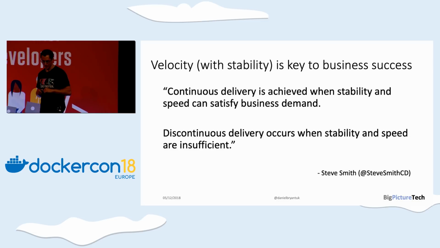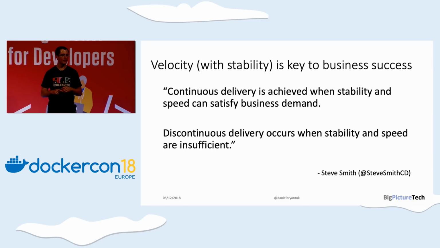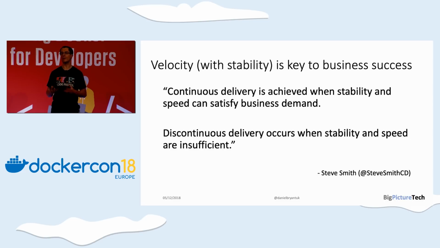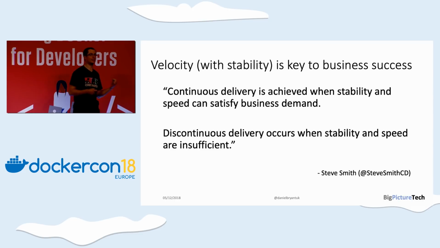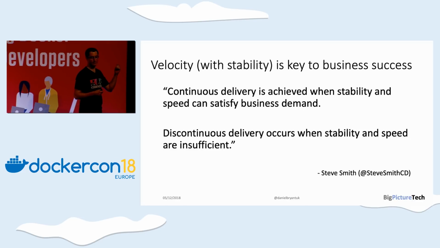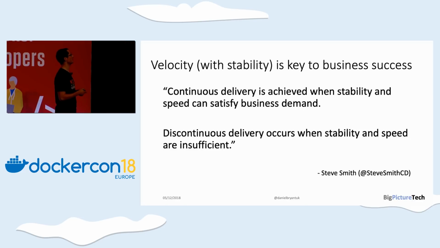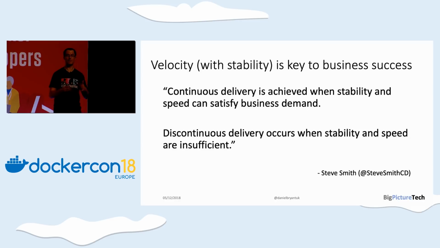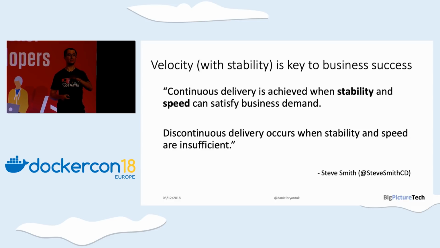My friend in London, fantastic author Steve Smith, had this great phrase that really resonated with me: continuous delivery is achieved when stability and speed can satisfy business demand. Discontinuous delivery occurs when stability and speed are insufficient for the business. What that basically says is your mileage may vary. I don't know your context, so for you, bash scripts might be fine to get stability and speed. They might not be. You might want to invest in more tech.